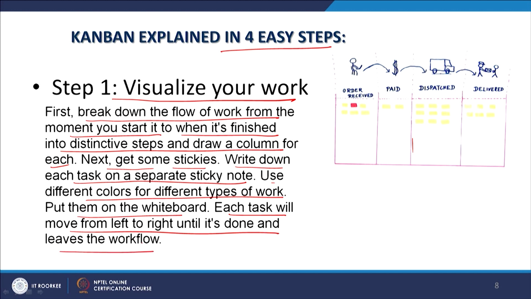Like here we are putting various stickies, you see these are various stickies, and these stickies will move. We are right now talking of order received. So, you are writing on this particular sticky that this is order received, and we will see how this sticky will move from one stage to another until it leaves the system.